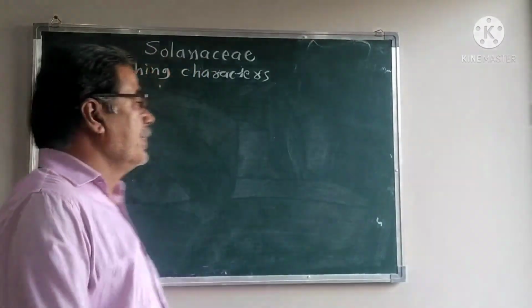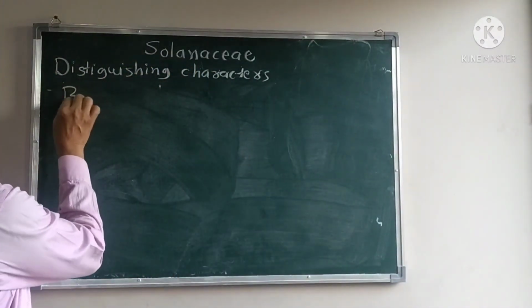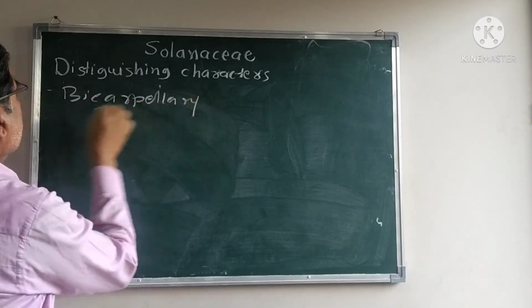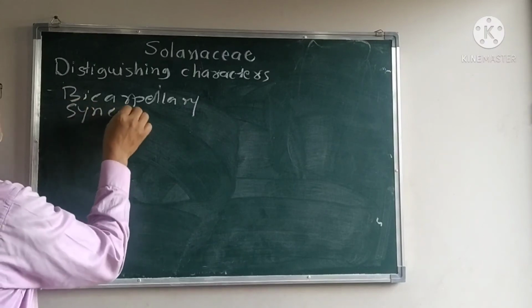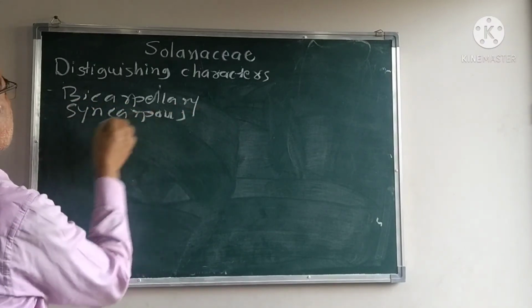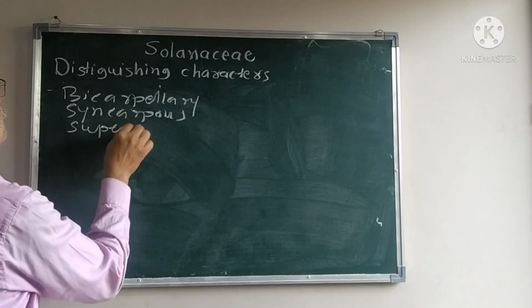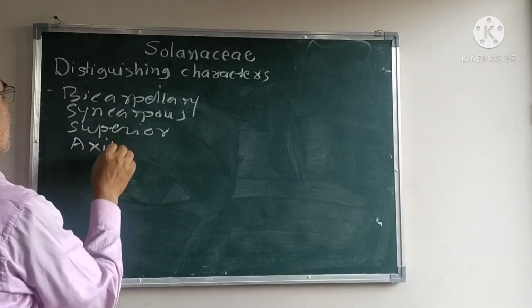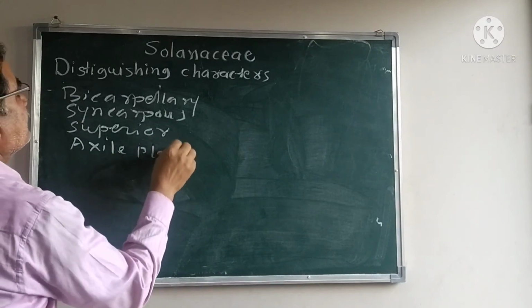Gynoecium is bicarpellary, syncarpous, with superior ovary and axile placentation.